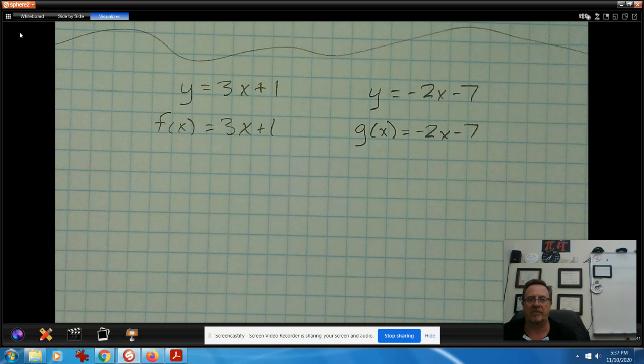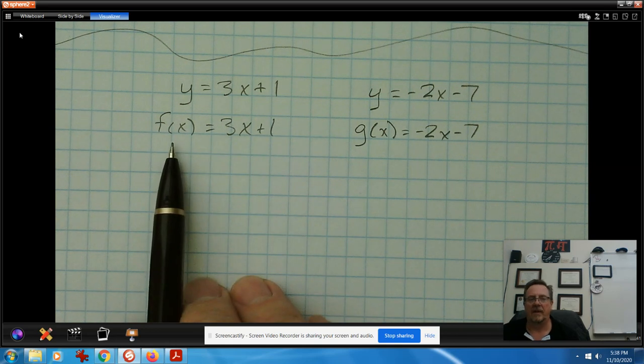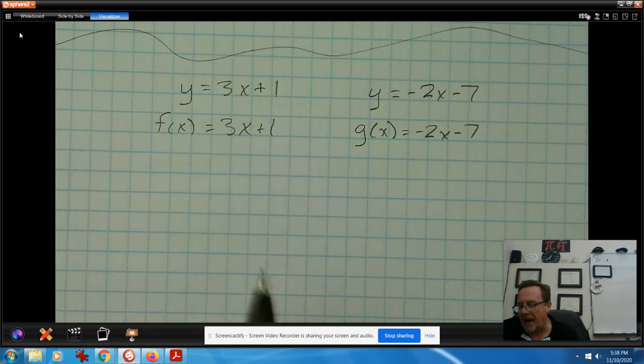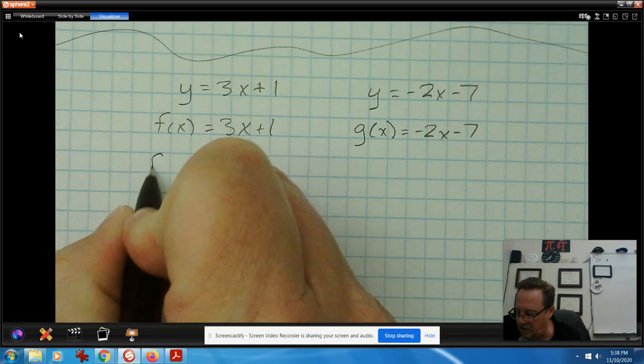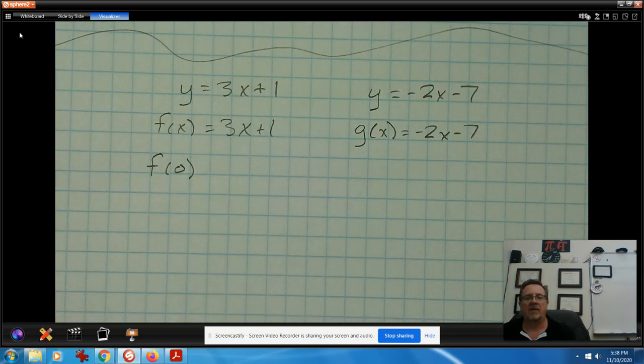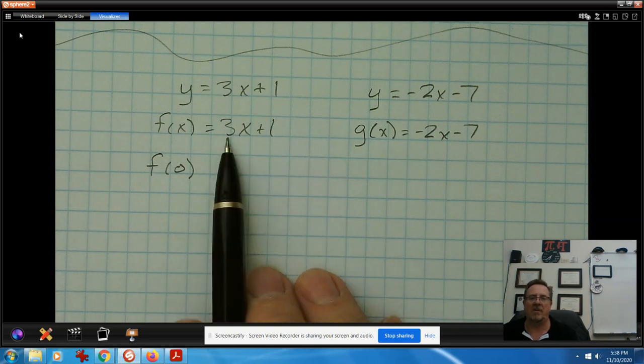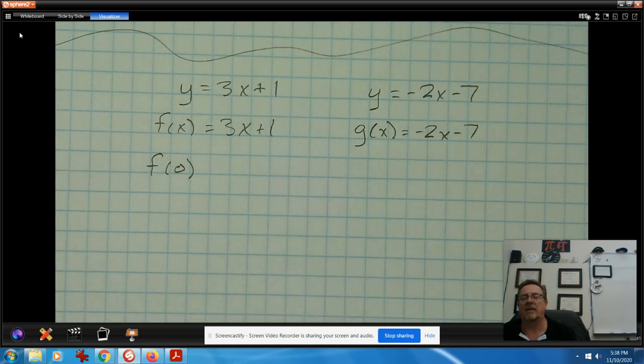equal to 0. And you could go, you get 1. Because I'm talking about this function, plugging in 0. And in fact, I can do that by saying, I wonder what f of 0 is. So I can not only distinguish which one of these I'm talking about, is it the one on the left or the one on the right, but I can also at the same time tell you what number to plug in for x.